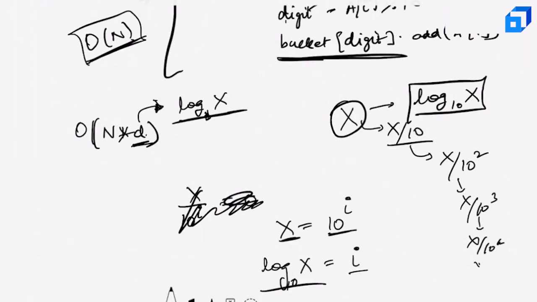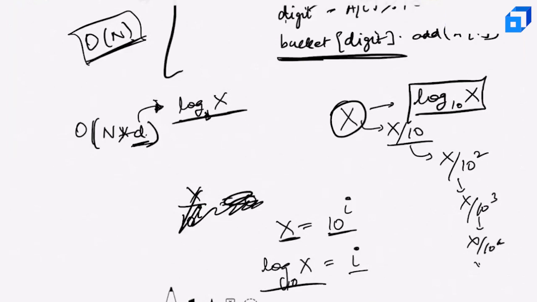Why does this type of bucketing work, going for all positions instead of just MSB or LSB? Let's say you just go for the MSB, the most significant digit. Wherever two numbers have different most significant digits, you can decide the order with that. The problem is there will be a few numbers that have the same most significant digit. In fact, there are only 10 possible most significant digits, right? So if you have, let's say, 1000 numbers, then on average you will have 100 numbers in every bucket.